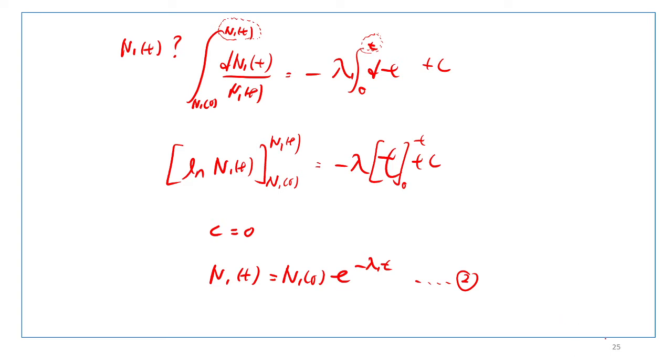If you try to plot this, this is the time, this is time 0, this is the number of parent nuclei. It should start with N10 here, and it will exponentially decrease.